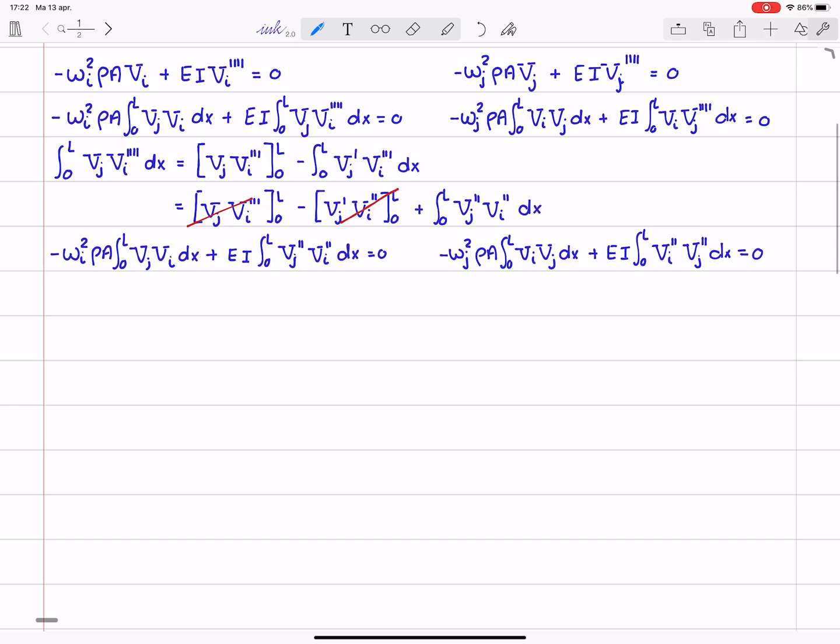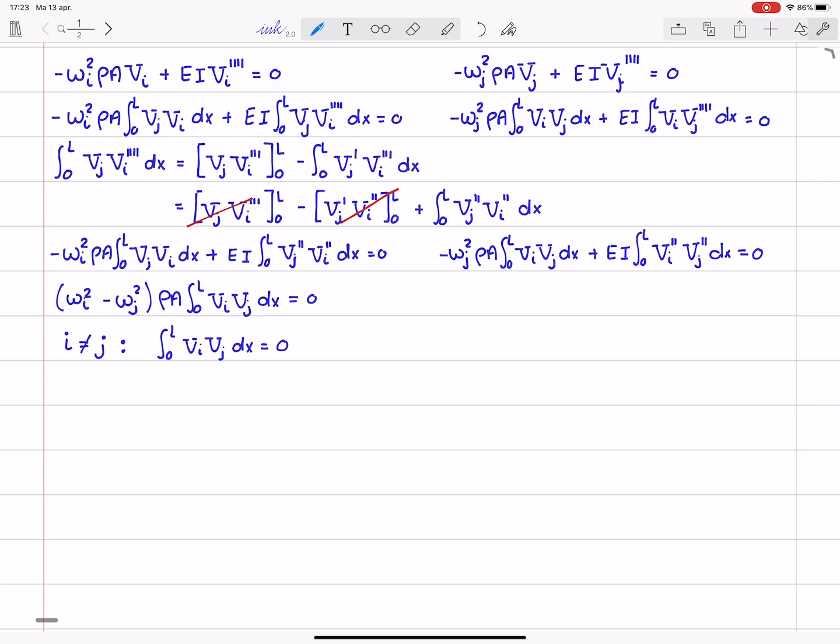In this way we obtain that omega_i squared minus omega_j squared times this integral of v_i v_j dx must be equal to 0. And that means that for i not equal to j, we have to conclude that the integral from 0 to L of v_i v_j dx must be 0, because omega_i and omega_j are distinct numbers.